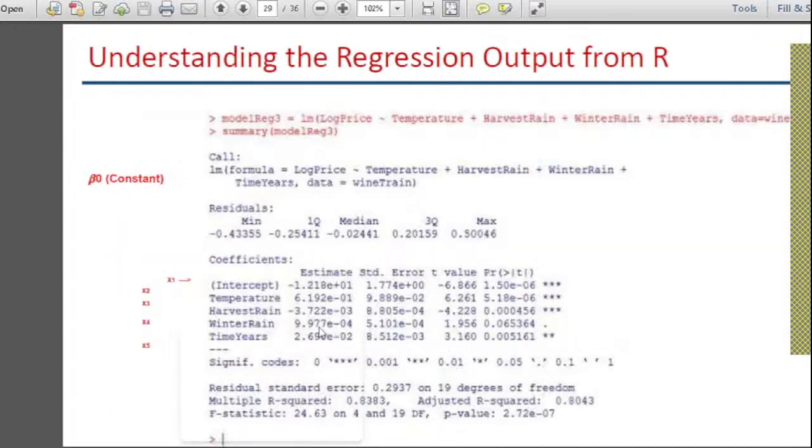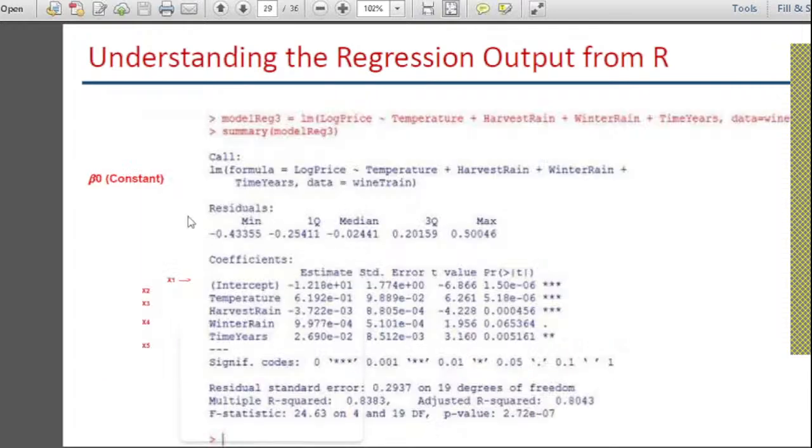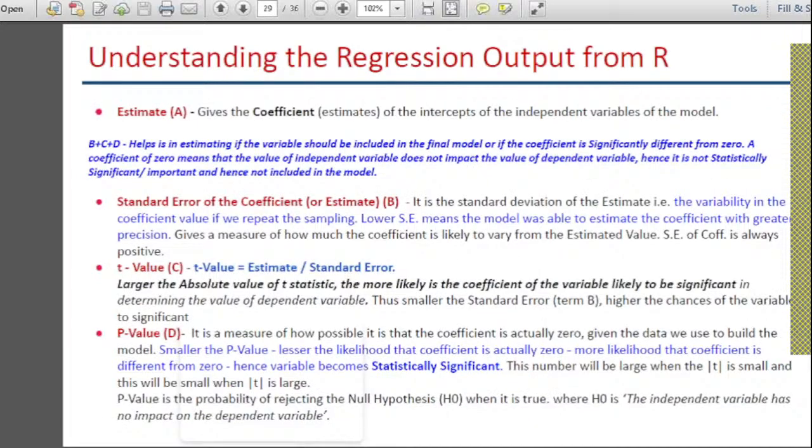It is the same output, but it's clearly readable here. So B plus C plus D helps in estimating if the variable should be included in the final model or if the coefficient is significantly different from 0.